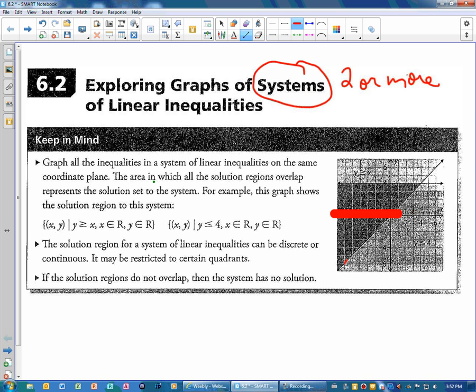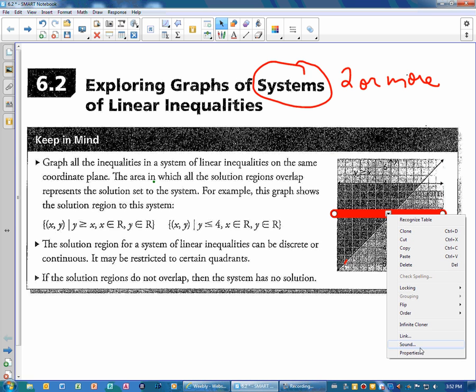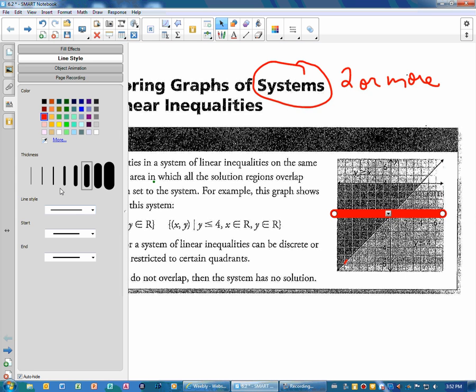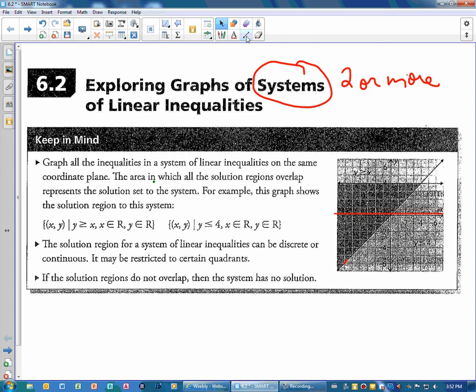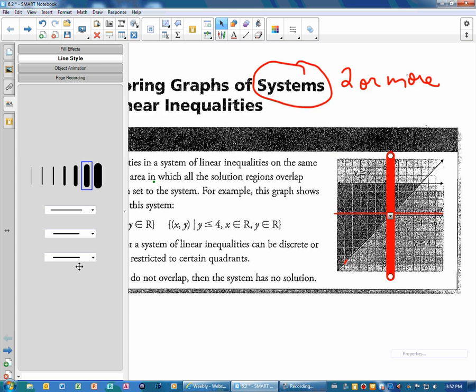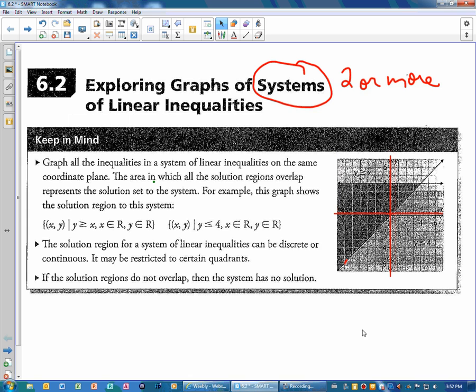Here is my x-axis, and here is my y-axis, which I'm going to make skinny. The equation y is greater than or equal to x is this line right here.